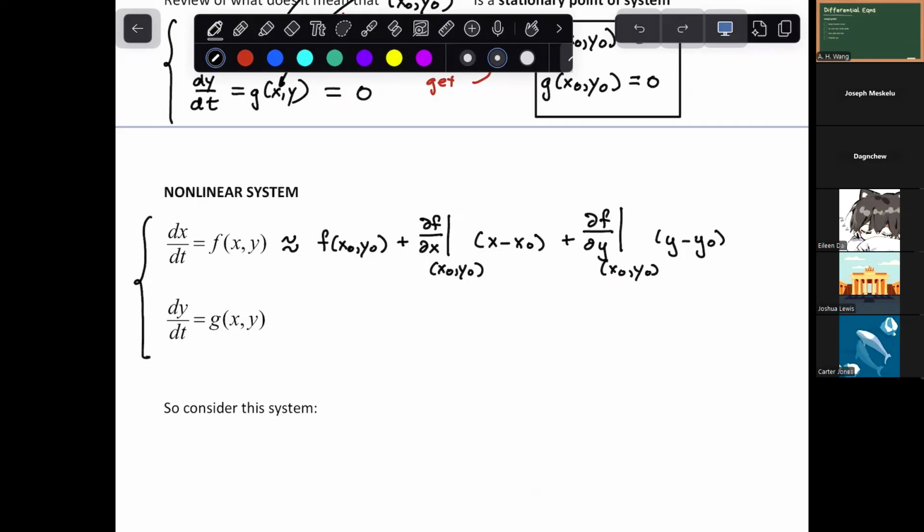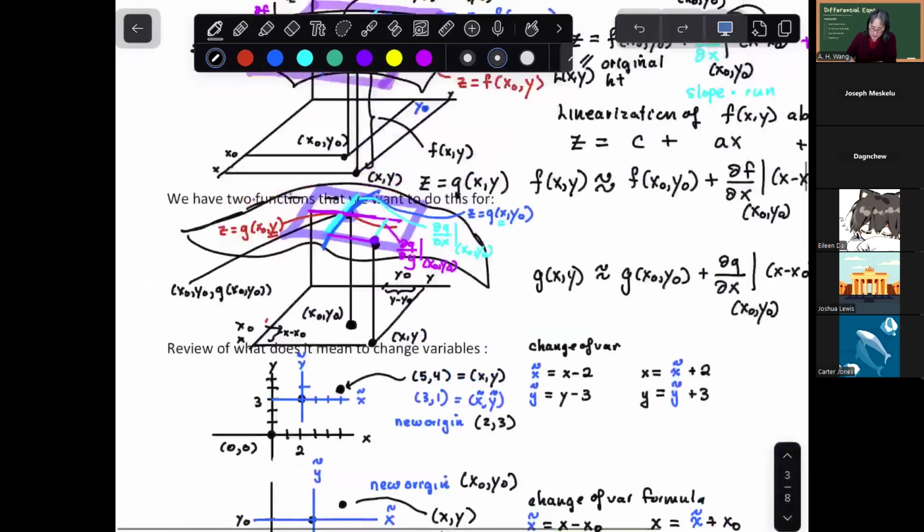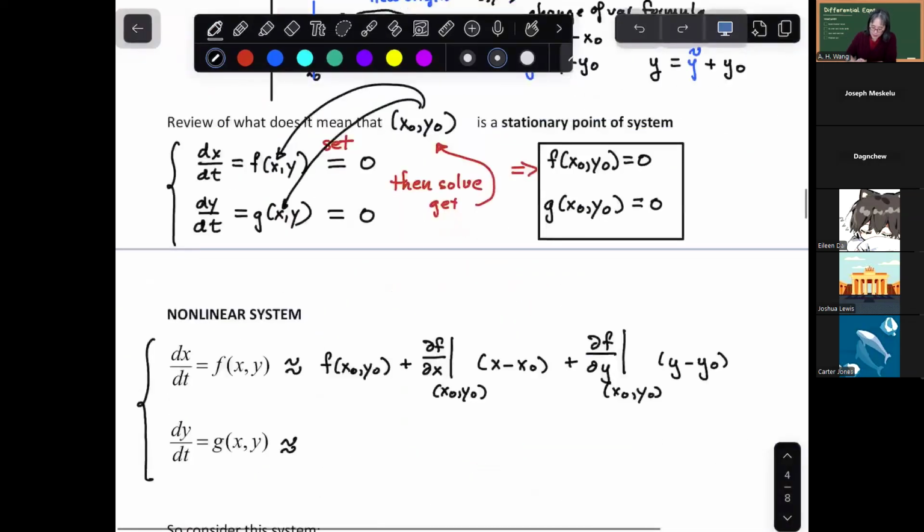Okay. So we've got this. And now we're going to go ahead and approximate this. And remember, it is actually easier, because this is actually a tangent plane. You can see it's actually way easier. All right.